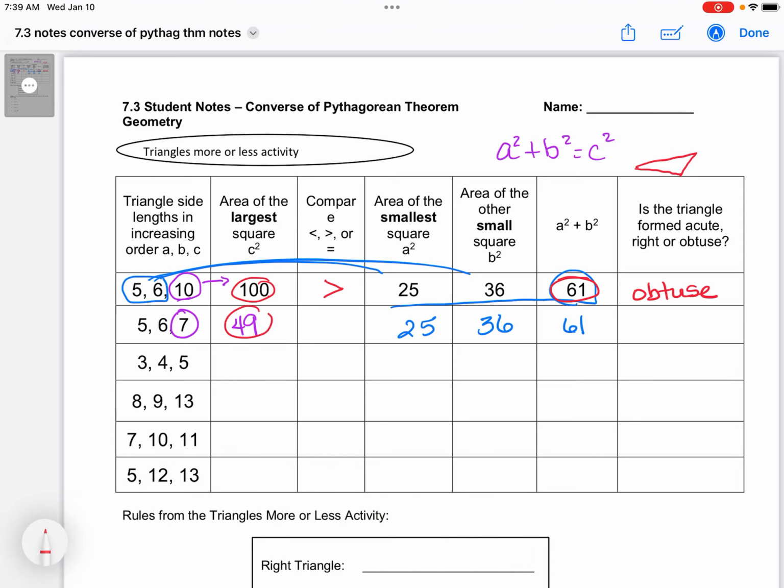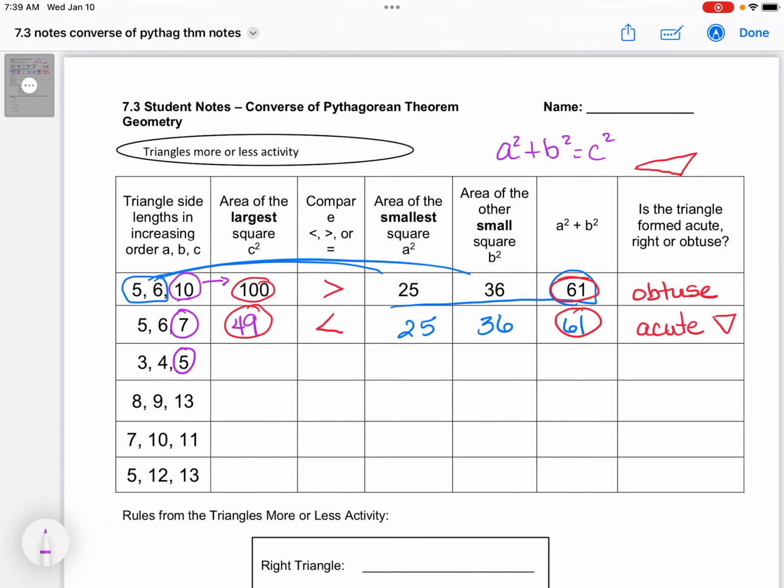So 49 and 61, 49 is less. So think about this being acute, an acute triangle. If 7 is relatively short, then 5 and 6 are going to be closer together, which makes an acute angle.